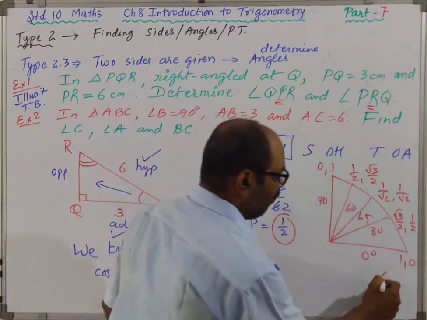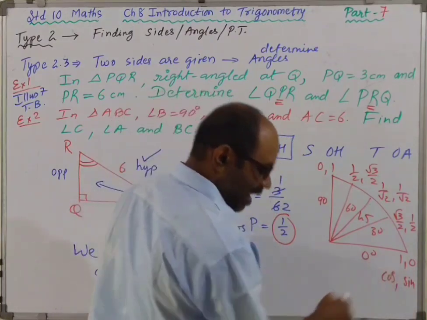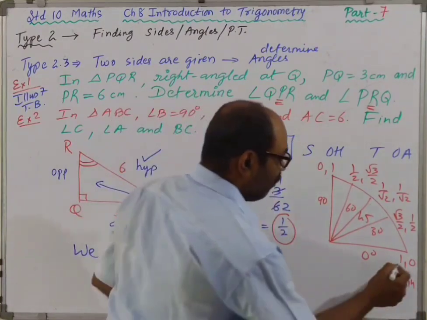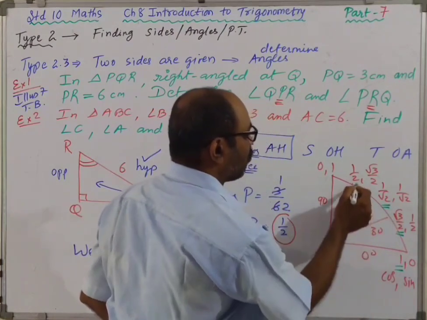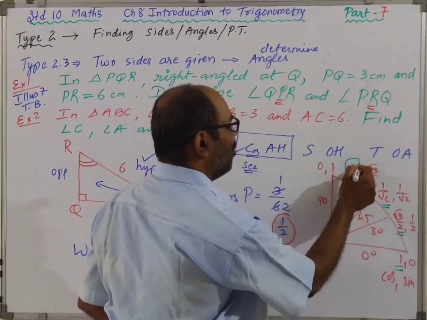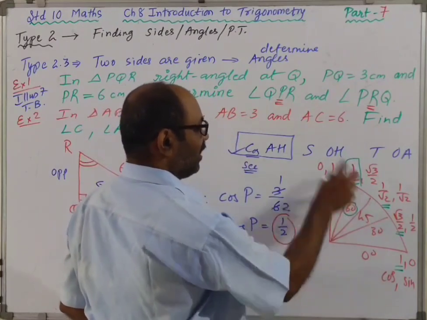Now cos is the first value as you know. So go through the first values. What is the first value? 1. Root 3 by 2. 1 upon root 2. Half. That is cos 60.